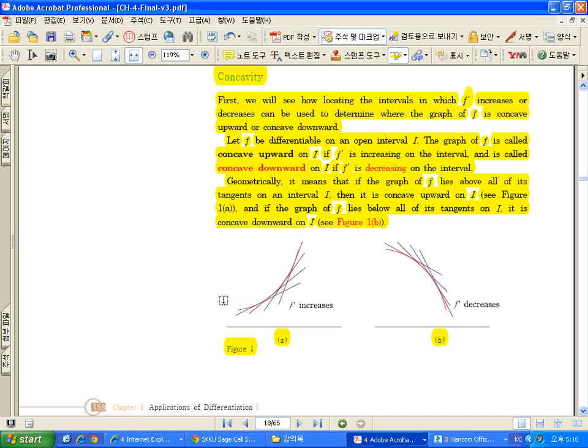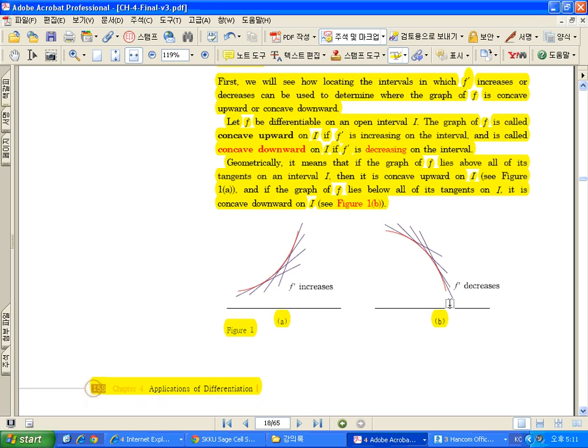So as you see, it's like this downward. And if f prime is decreasing, it's getting more negative like this, then we have a concave upward like this.